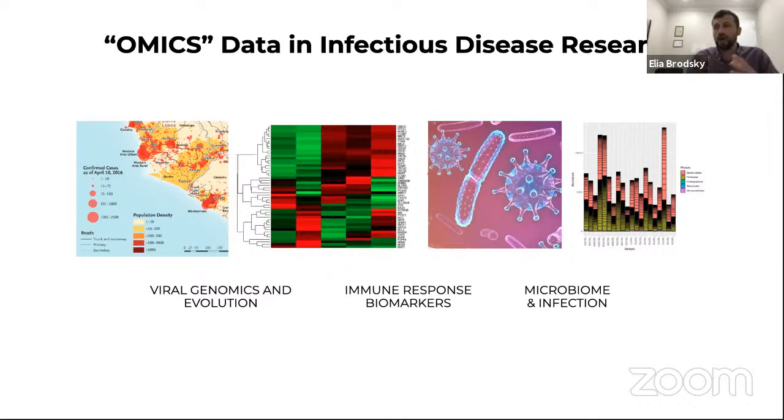So you can look at viral genomics and evolution, immune response, and identify biomarkers that help detect those, and then also microbiome and infection, a relationship that is very fascinating because our whole view of the way that these pathogens exist and live together in communities is changing because of this ability to sequence data and understand what is really going on in real life.